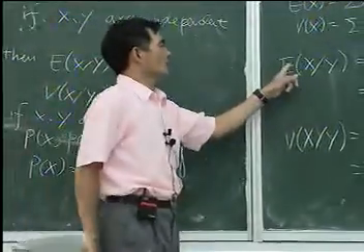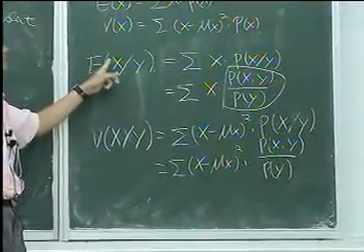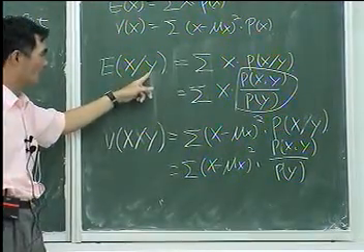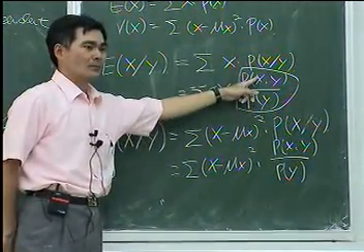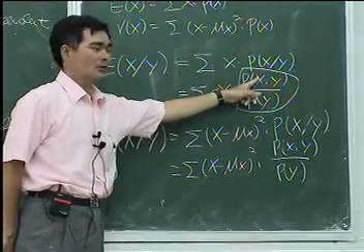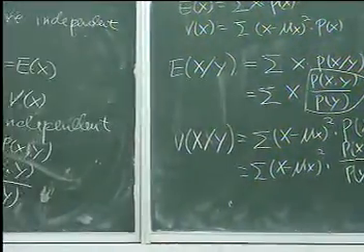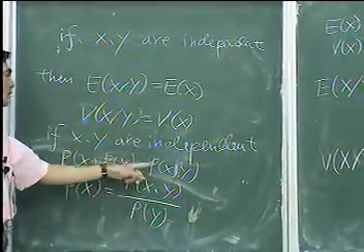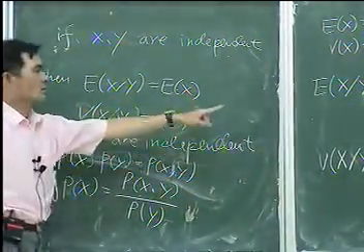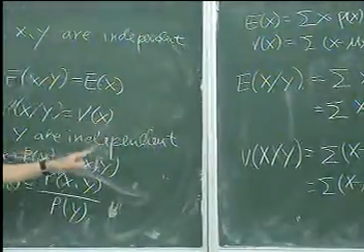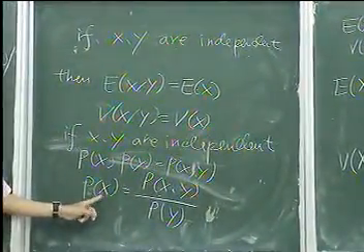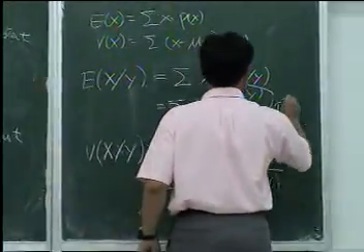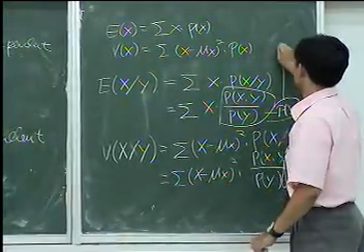Because if we want to calculate the mean of x given y, it's equal to this part, right? And now if we know further that x and y are independent, that means this is true. If this is true, then pxy divided by py is equal to px, exactly here, right?